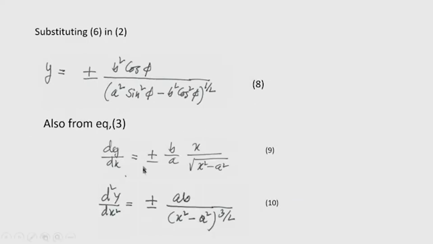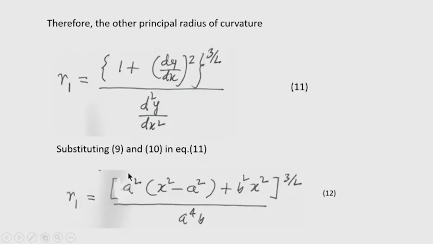So, with the first derivative and second derivative of the function which defines the meridional curve, we can obtain r 1. So, r 1 equal to 1 plus dy by dx whole square raised to the power 3 by 2 divided by d square y by dx square.